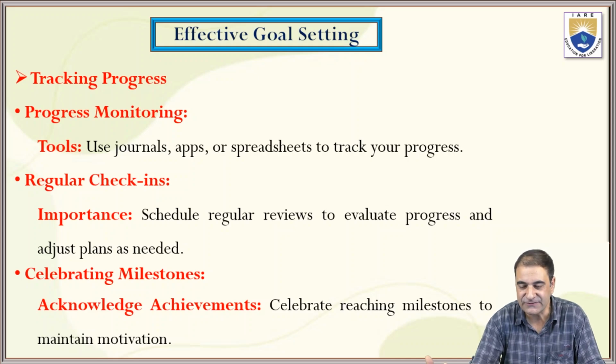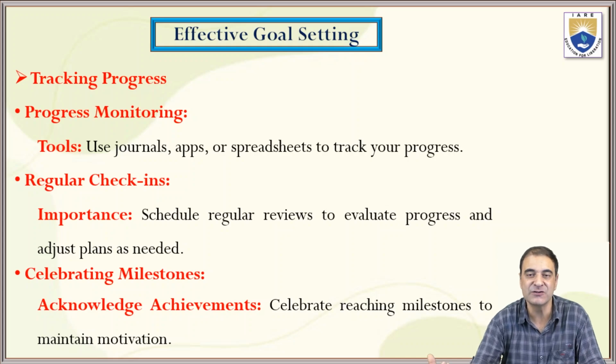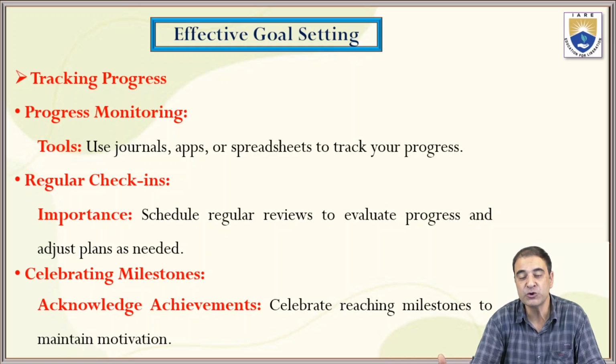Constantly and continuously, we have to monitor our progress. Then we can be sure about what we have achieved to this point and what we are going to achieve in the future. It's only possible when you monitor your progress.